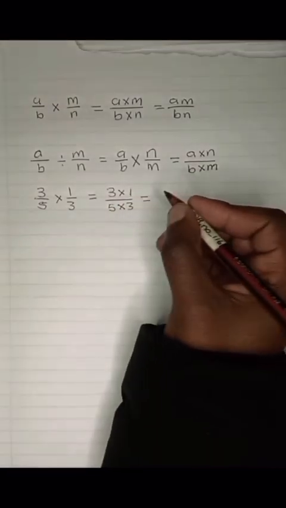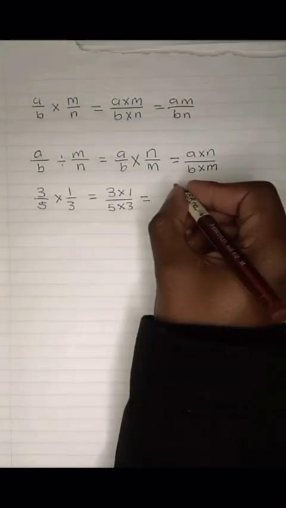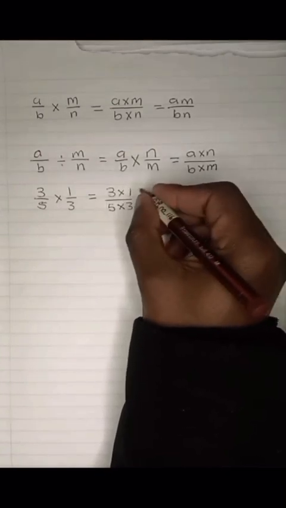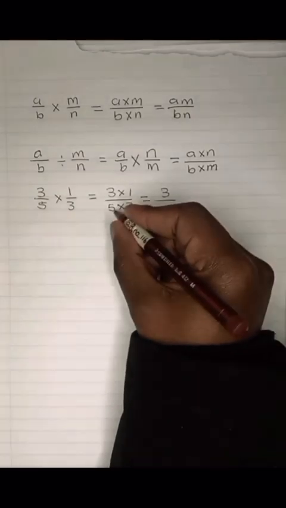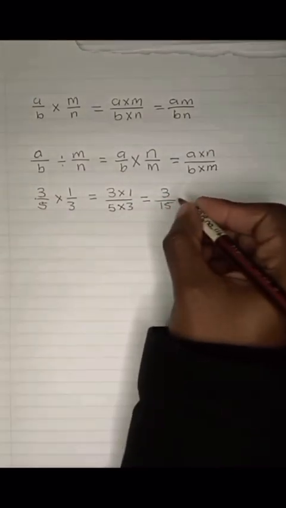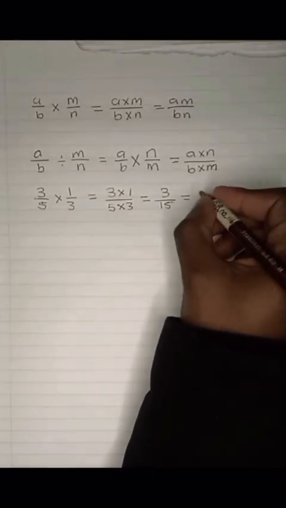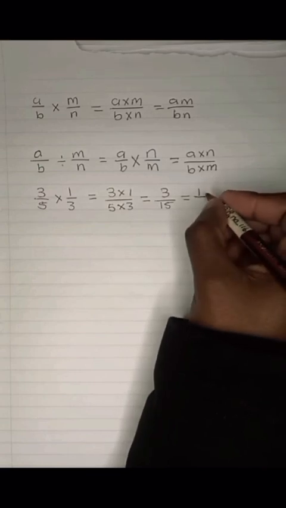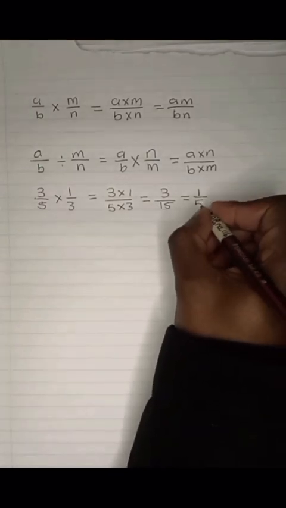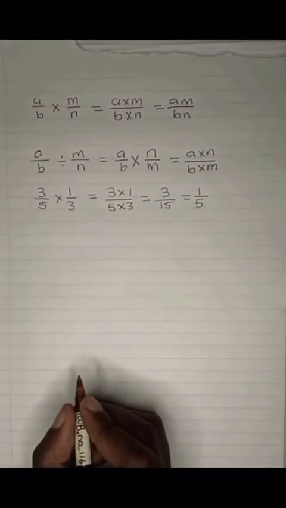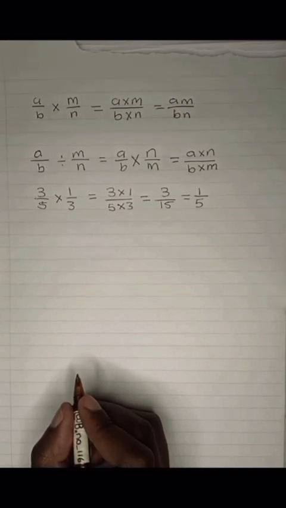So this can be simplified to 3 multiplied by 1 is 3, all over 5 multiplied by 3 is 15. So this is your answer, but you can simplify it because 3 goes into 3 once and then 3 goes into 15 5 times. So that would be your final answer.